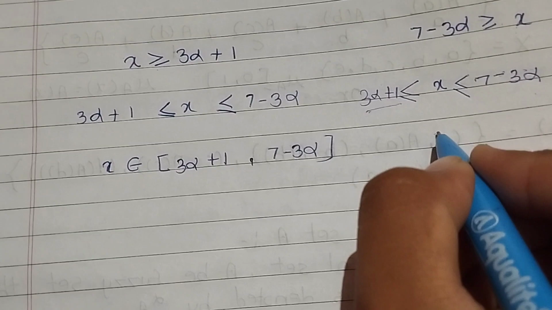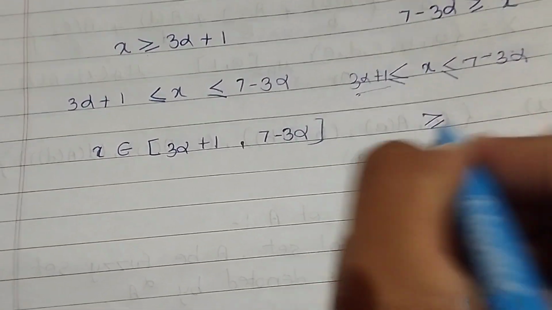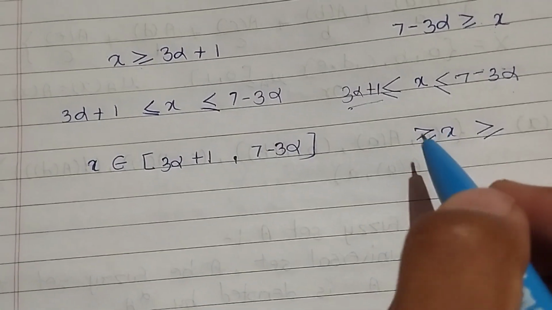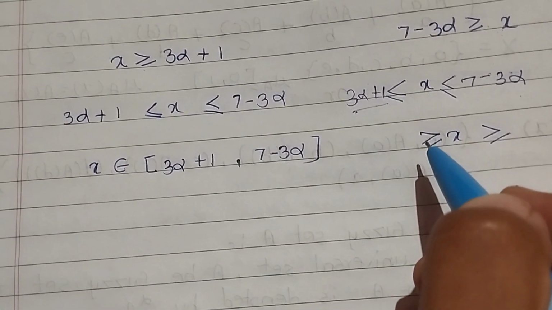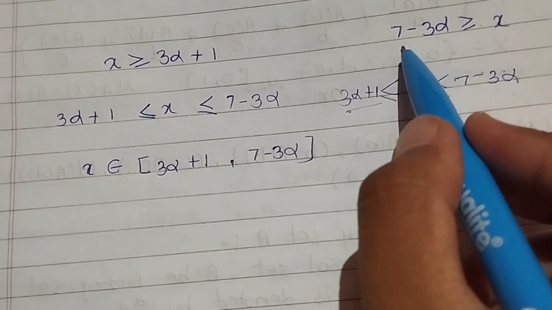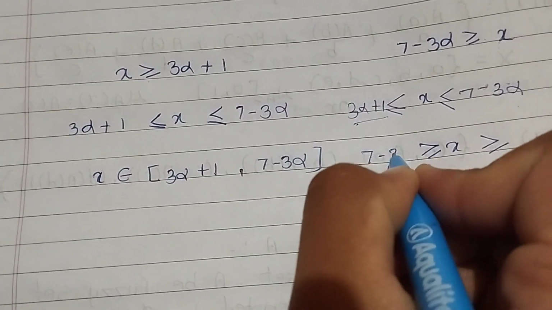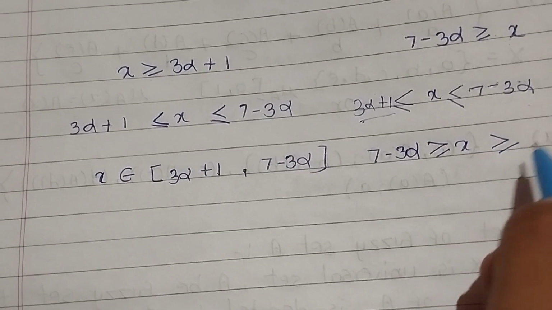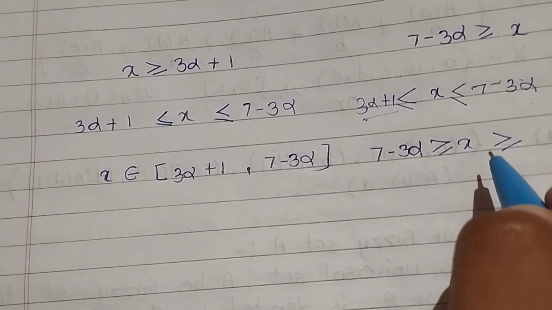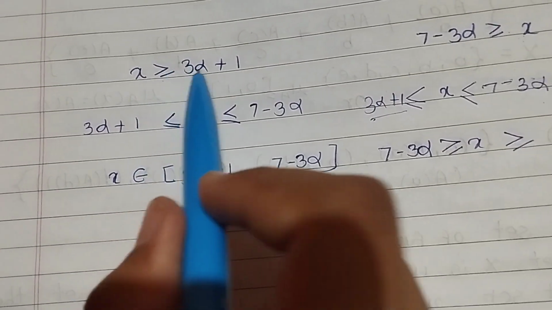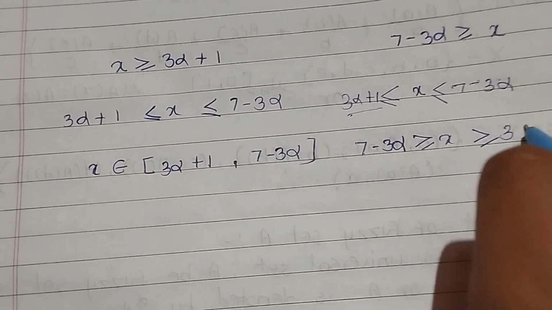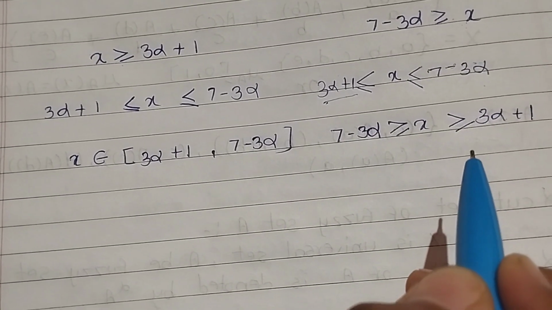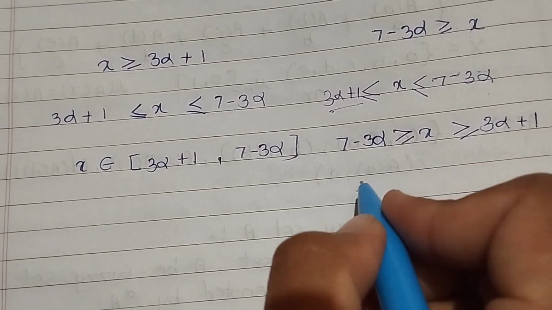And if we write the opposite signs, again same, we check which value is greater than or equal to x. This 7 minus 3 alpha is greater than or equal to x, and x is greater than or equal to 3 alpha plus 1. Again we want the smaller value for our lower bound.